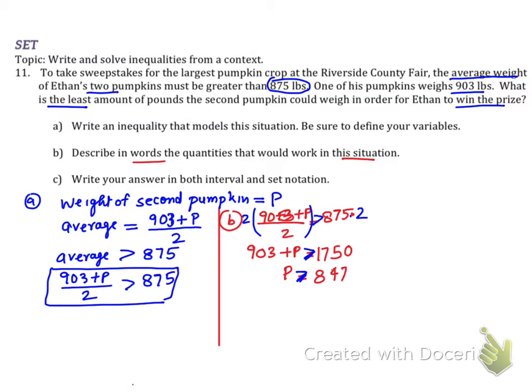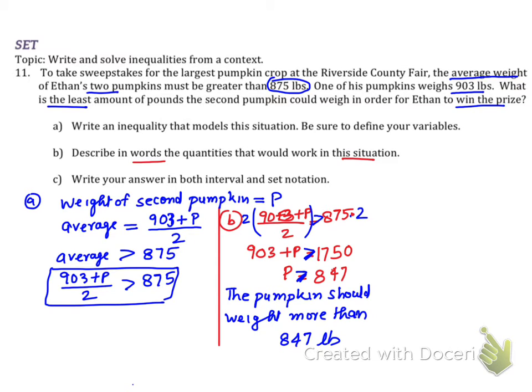So what we can say is the pumpkin should weigh more than 847 pounds. That's the meaning of that. Okay, now let's do the other one.